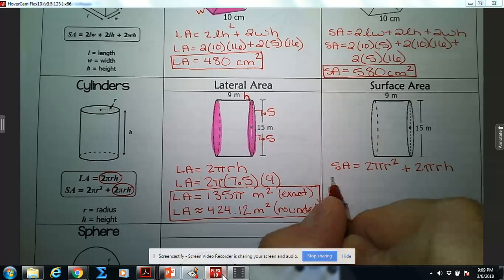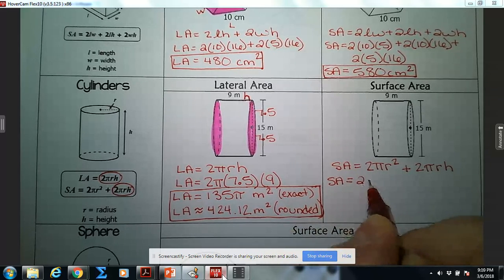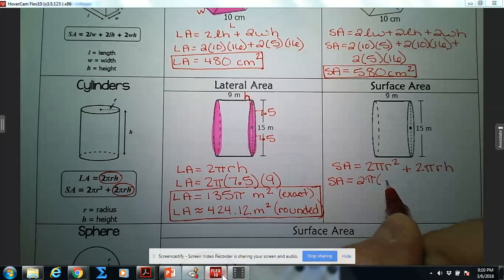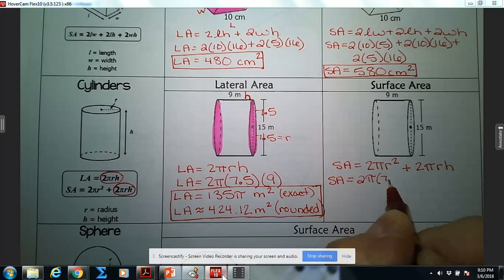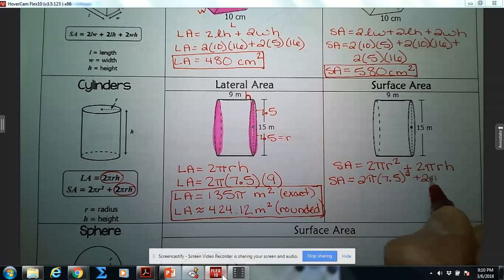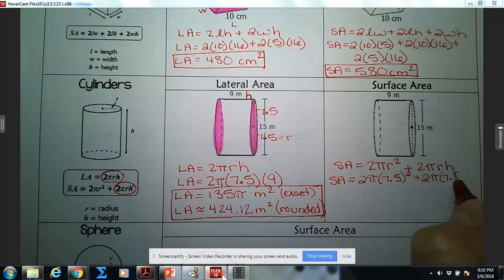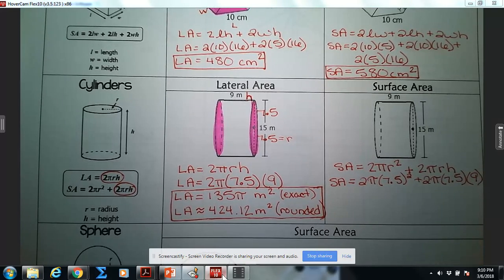Okay. If you're good at formulas, you can just plug everything in. 2 times pi times our radius. Remember, our radius over here is 7.5 squared plus 2 times pi times 7.5 for radius again times 9 for the height.